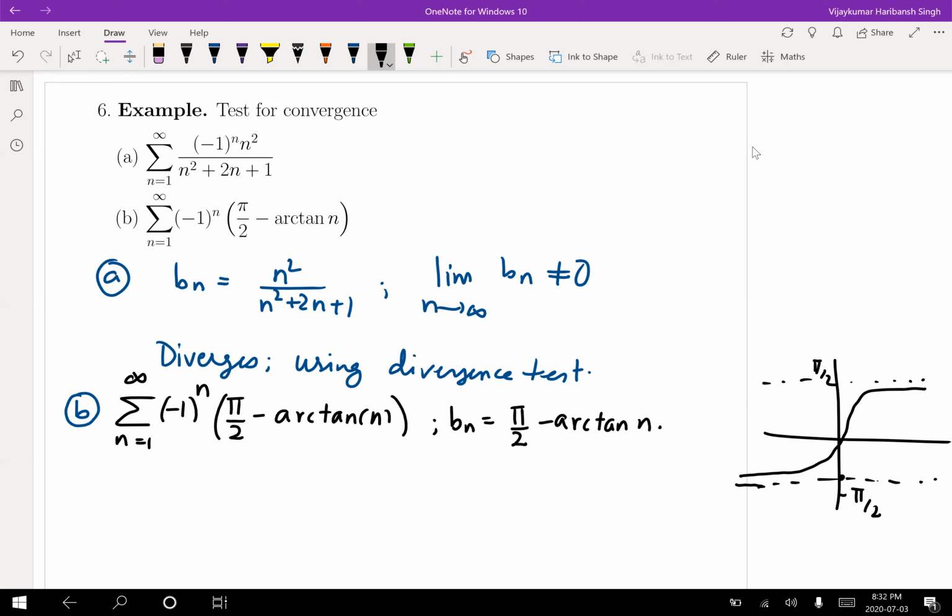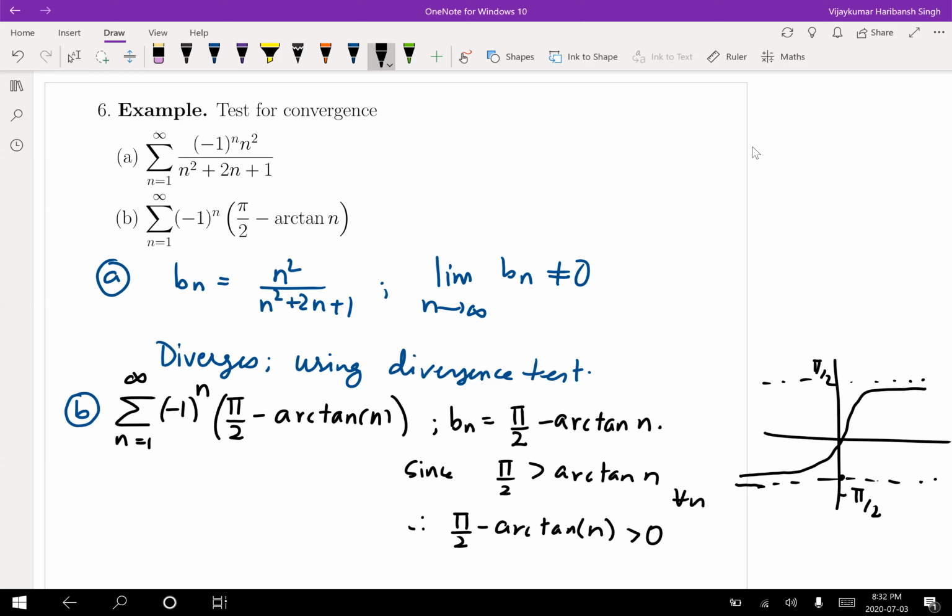Yeah, so you have that pi by 2 is bigger than arctan n for all n, so pi by 2 minus arctan n is greater than 0.